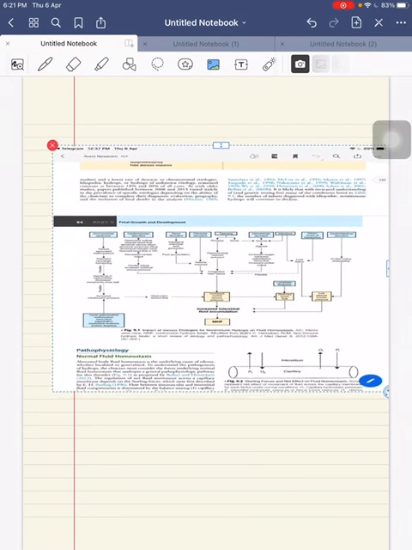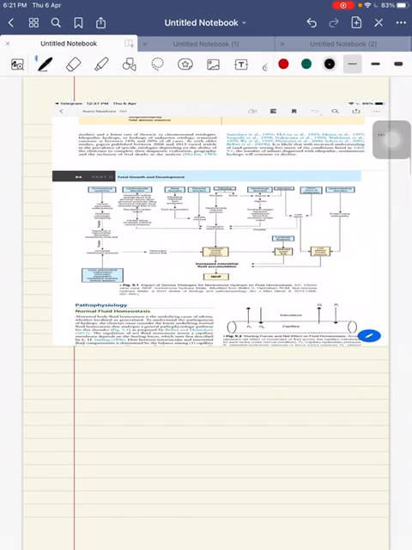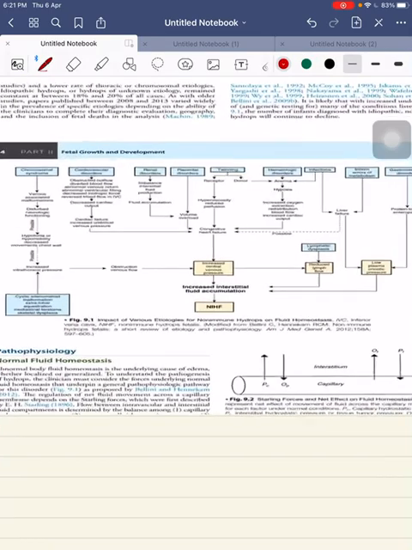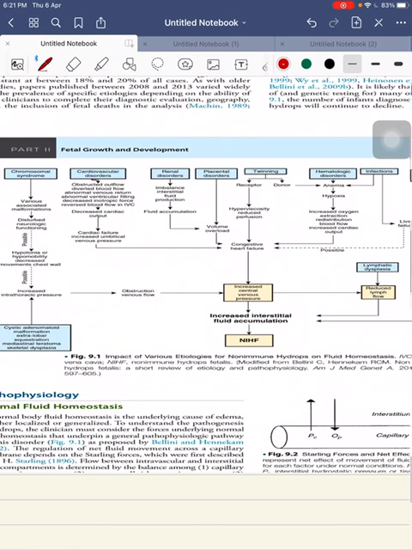I will show this image, taken from Avery's, for the pathophysiology. Here we have cardiovascular disorder. Cardiovascular disorders can lead to obstructed flow or diverted blood flow or abnormal venous return.